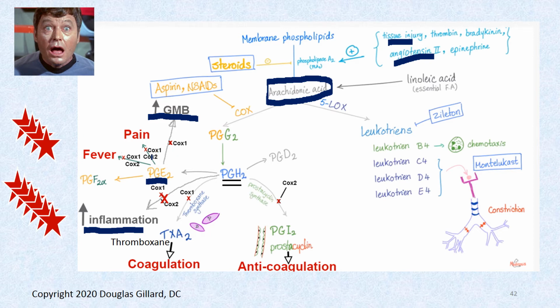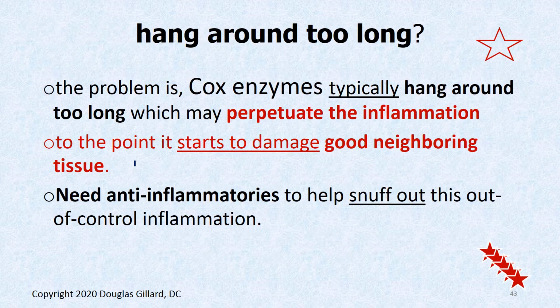Both Cox-1 and 2, via PGE2, also have an effect on pain and fever. Both these cyclooxygenases can knock those out as well. All right, so that should have all been reviewed for you. And yep, the problem, as I've already said, is the COX enzymes hang around too long and they perpetuate the inflammation, which is great at first, but it's not good to keep that going for too long.